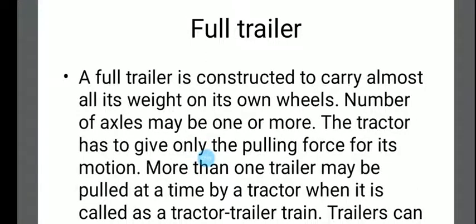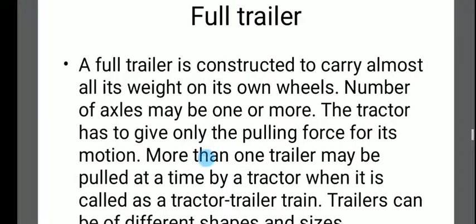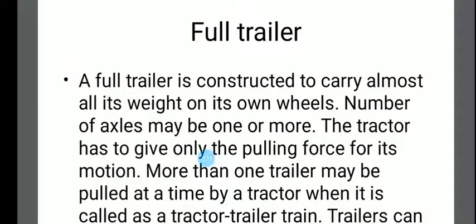The train also will be constructed according to this: the full trailers are basically constructed to carry almost all their weight on their own wheels. The number of axles may be one or more. The tractor has to give only the pulling force, not the pushing force, for its motion.